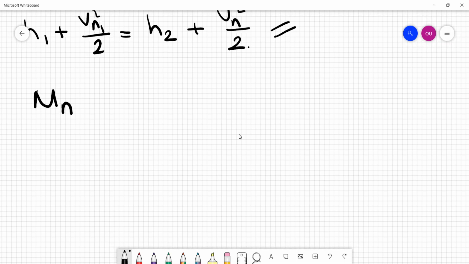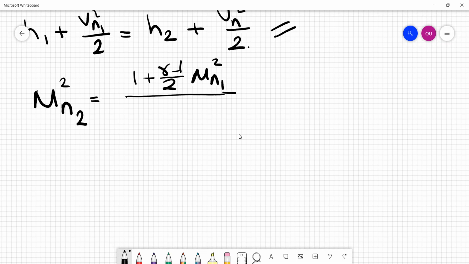For example, the normal component of Mach number after the shock wave can be calculated as a function of the normal component of the Mach number before the shock wave. Okay, so this is how we handle oblique shock waves.